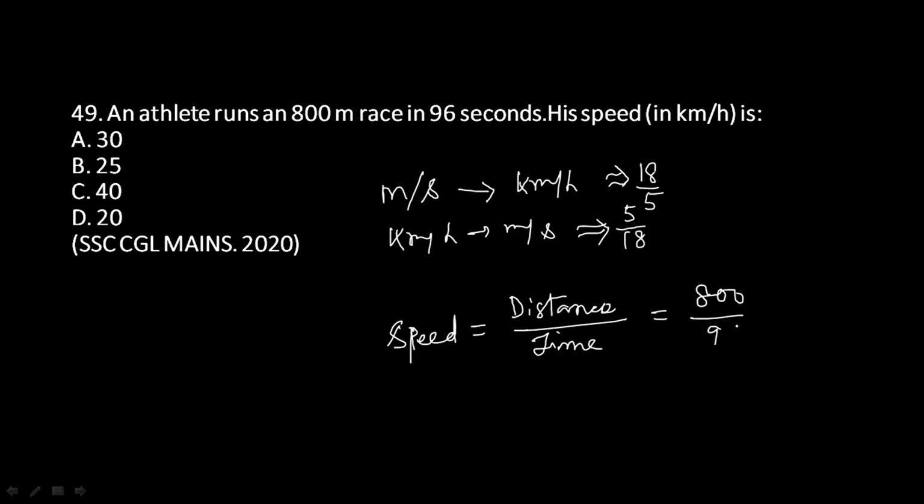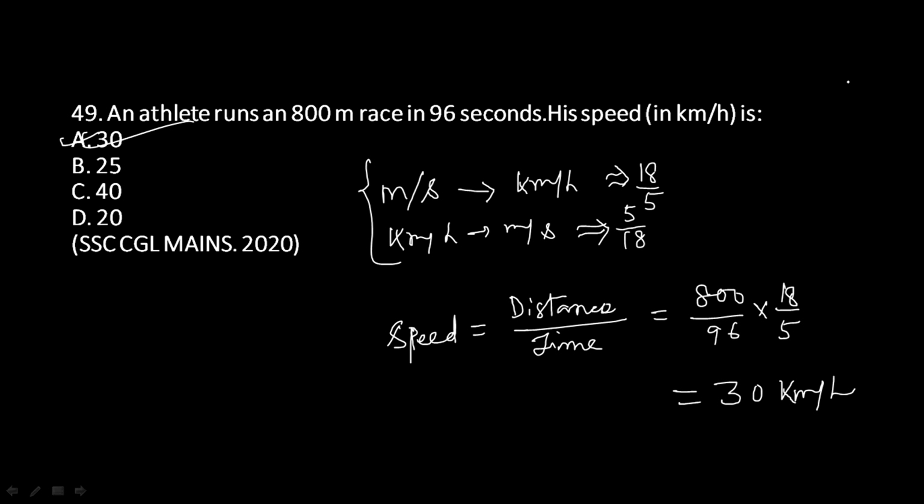Time is 96 seconds, but we are requiring it in km per hour, so it will be multiplied by 18 by 5, right? So it will be 30 km per hour. That option is the right answer. I hope it is clear to you. I have picked this to clear this conception to you. Okay. Moving to the next one.